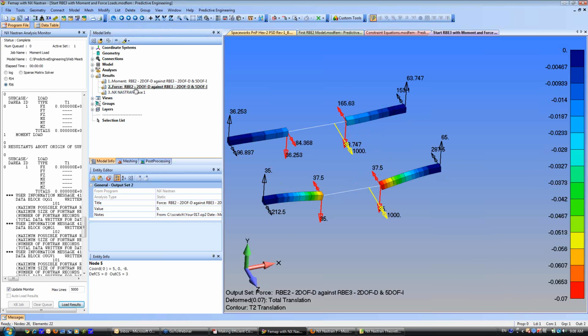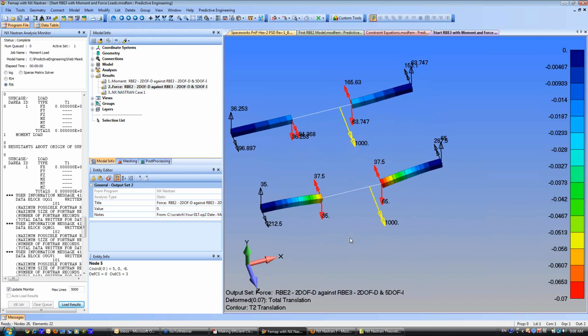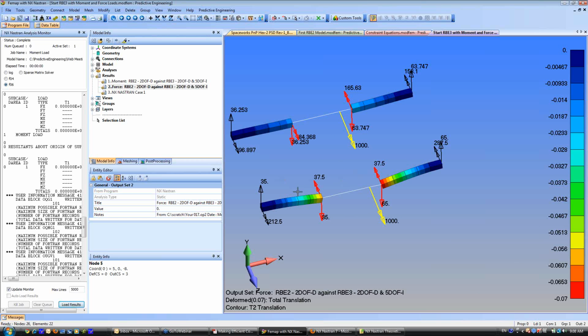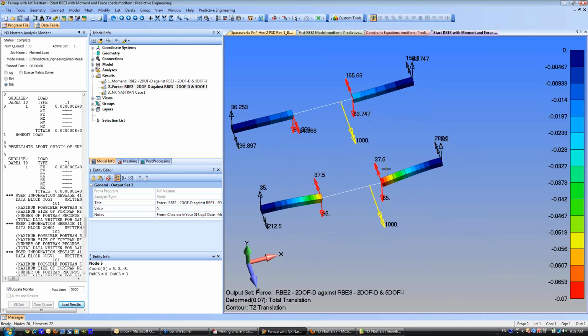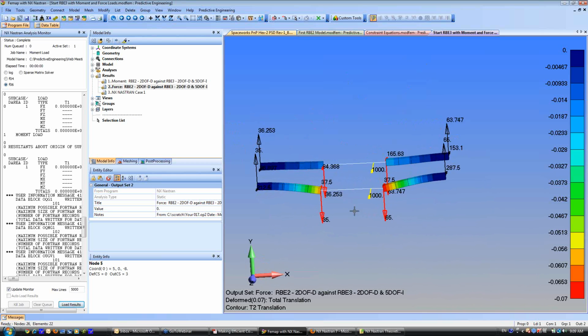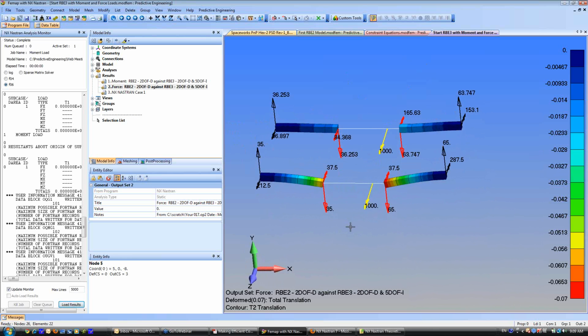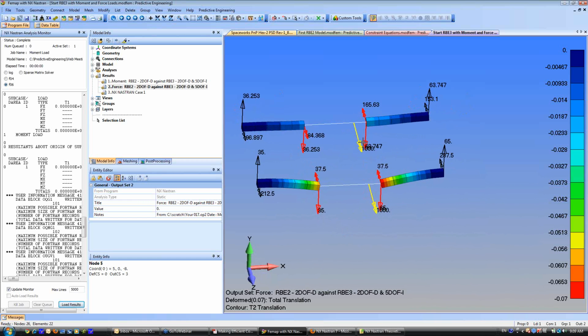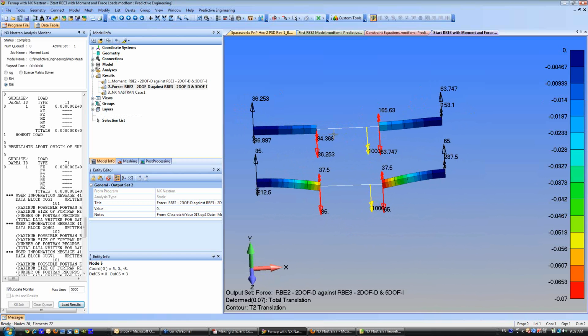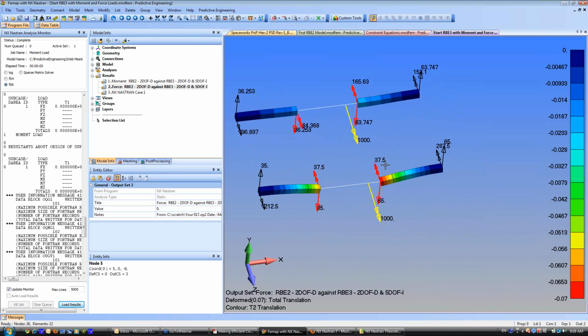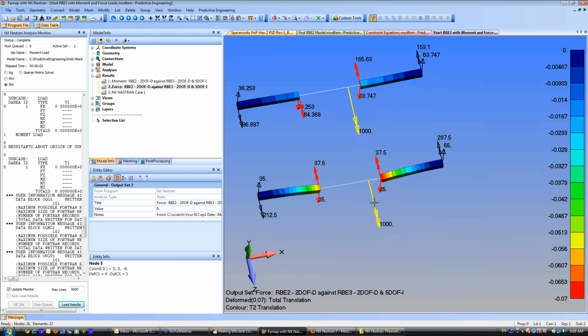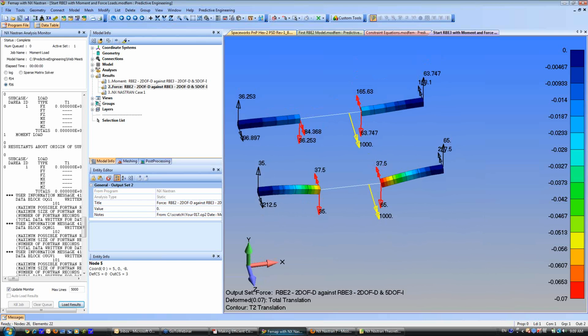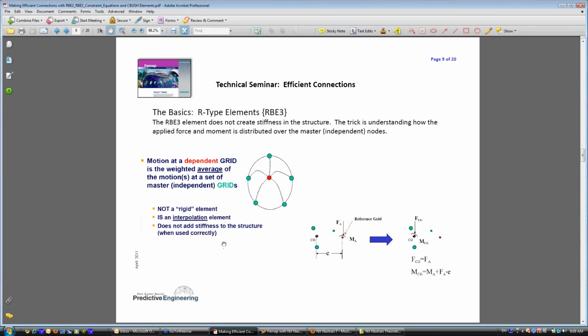If we look at the forces, we have the even moments, and the forces vary, but they don't vary based on location. You get 35 over here, 65, and this is based, of course, on the stiffness, so it's going to be based on the stiffness of the member. But the RBE3, when you look at it, you're going, how is it calculating those forces? And that is based on dependent to the independent.